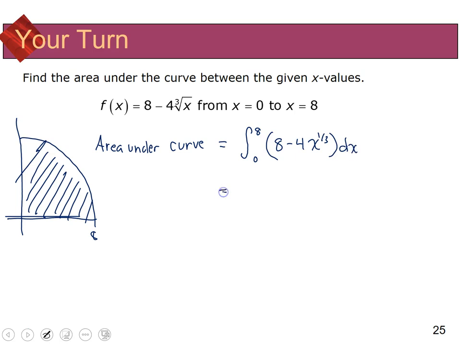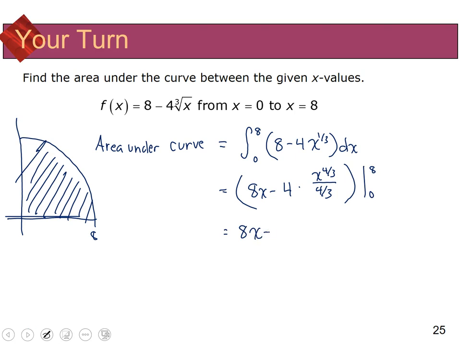dx. I'm going to take the indefinite integral, so I'm going to get 8x minus 4 times x to the 4/3 divided by 4/3, all evaluated from 0 to 8.